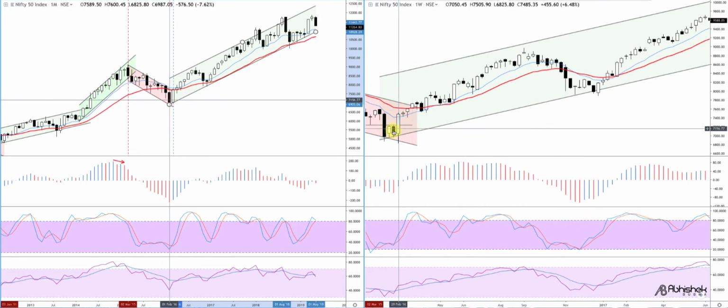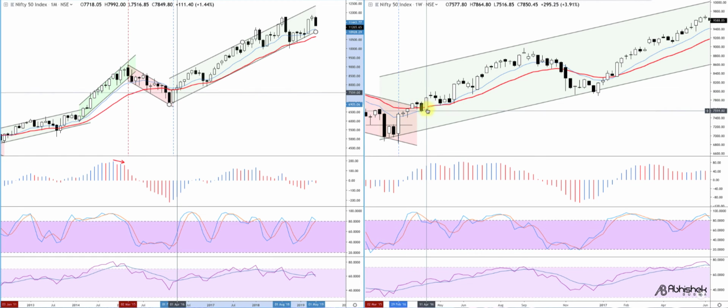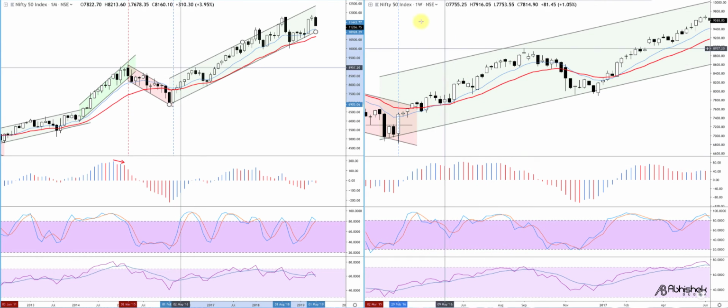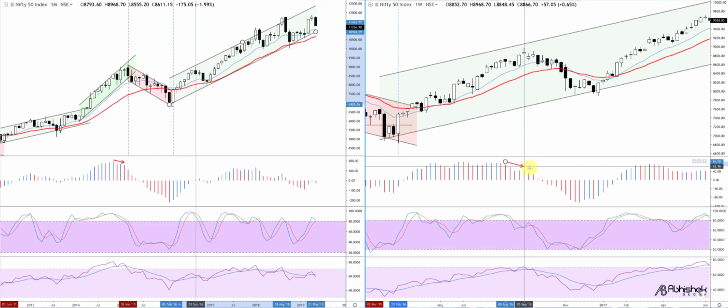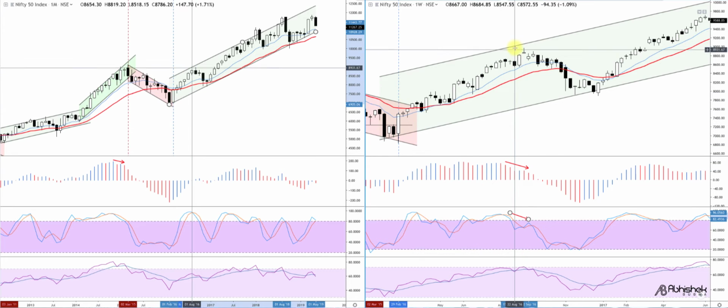This one here. Okay, so once you enter here after the channel is broken, it is tested, then the trend resumes. You can go till here till you get a bearish divergence in the MACD, in the stochastic. Okay, and that is when you draw your channel, you get your first swing.